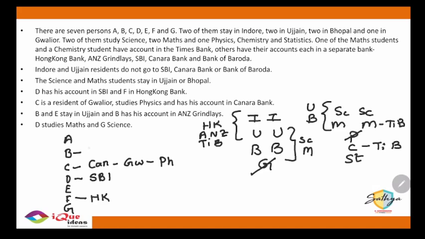So if B stays in Ujjain and E stays in Ujjain, that means the 2 of them are either Hong Kong, ANZ or Times Bank. It also says that B has his account in ANZ.